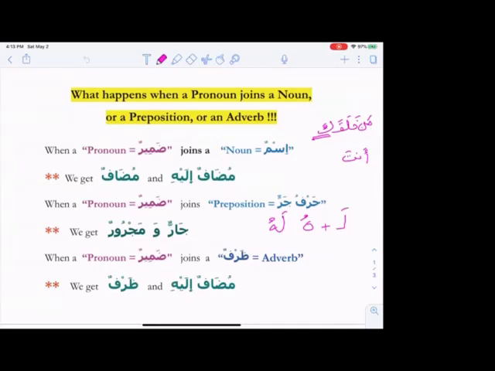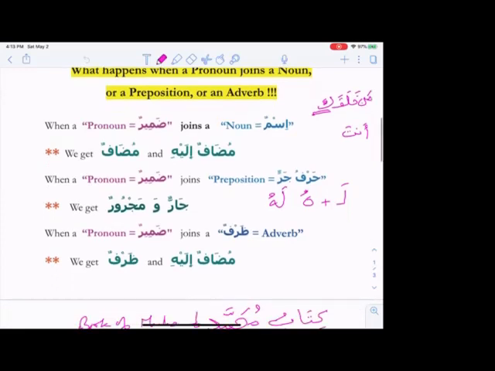When the pronoun, damir, joins a preposition, harf jar, we get jarun wa majrurun. The combination of harf jar and the damir will make jarun wa majrurun.